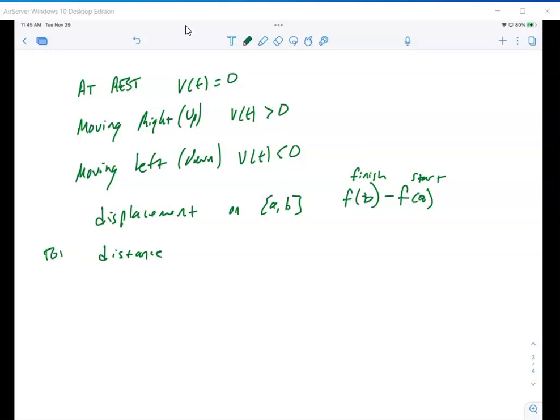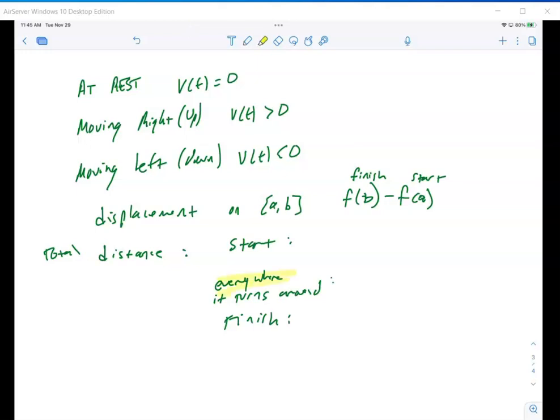Total distance. What you need to do for that is find your start, your finish, and everywhere it turns around. Then you need to find the distance between each of those points.